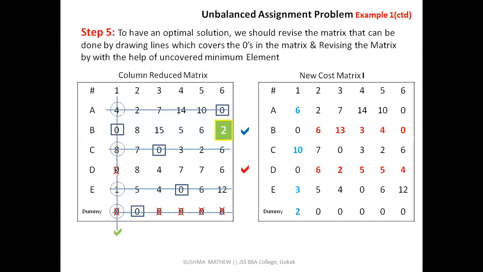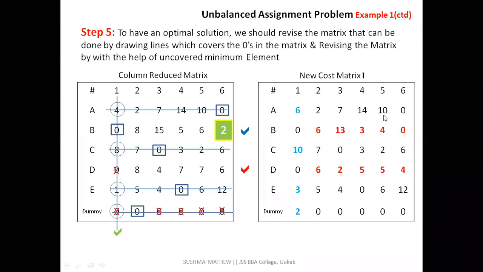Now see here. Just to give you an identification, I have done like this. 6, 10, 3, 2 are nothing but this minimum element 2 is there, na? That I have added in the point of intersection. 4 plus 2 is 6, 8 plus 2 is 10, 1 plus 2 is 3, 0 plus 2 is 2. And rest where the lines are there, I have kept them as it is. I have not done anything.